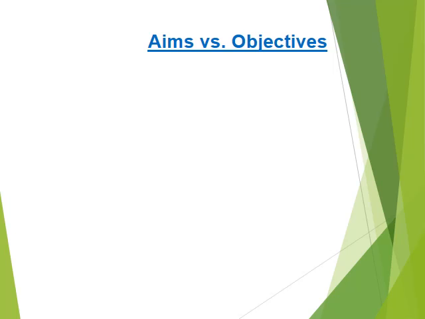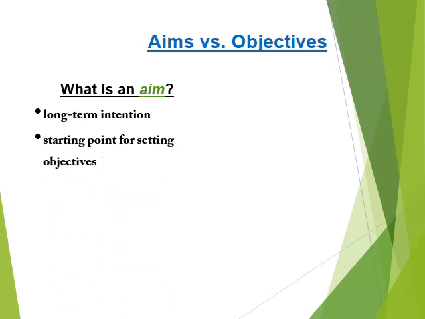Aim versus objectives. So what is an aim? An aim is something you hope to achieve by doing something. Here are three features of the aim. The first is that an aim has a long-term intention, which means that the organization is looking into the future, setting a plan over a period of 1 to 5 years, and it is the starting point for setting objectives.